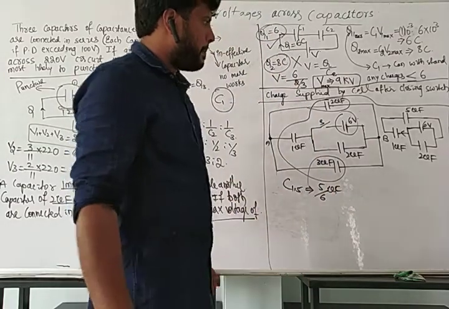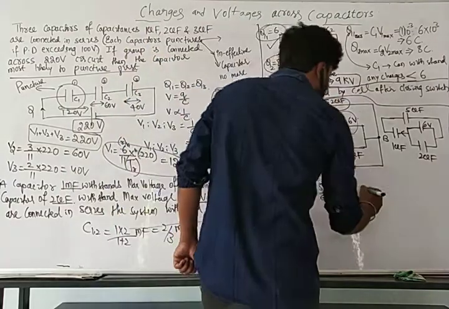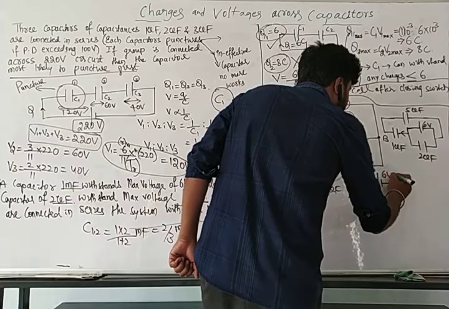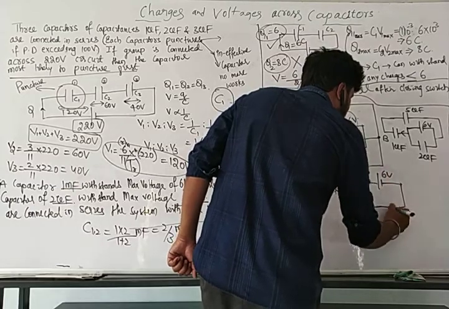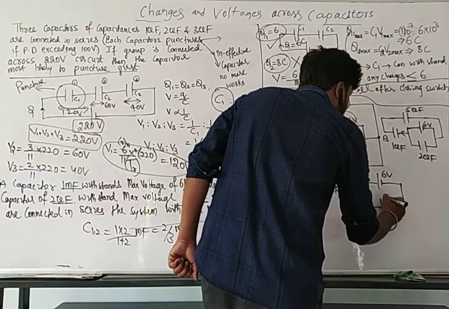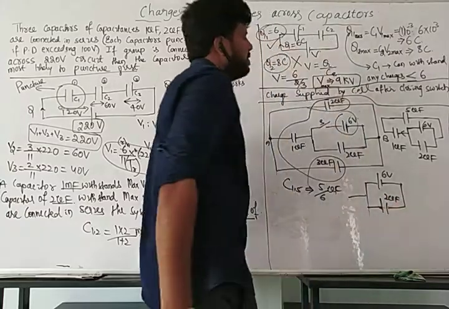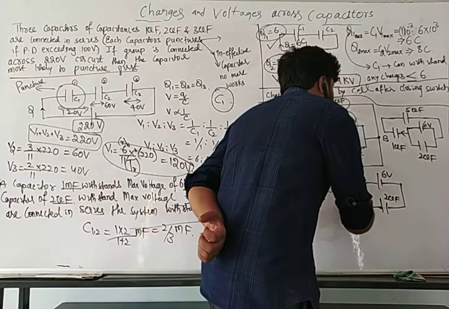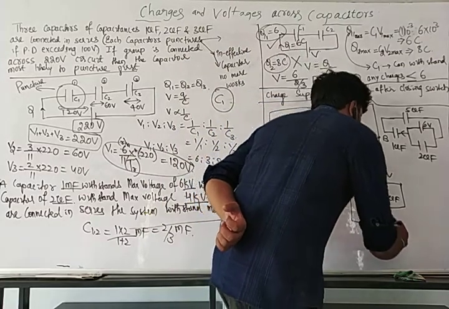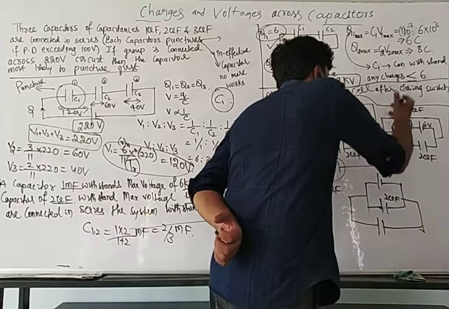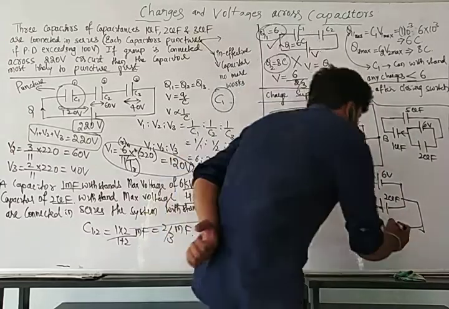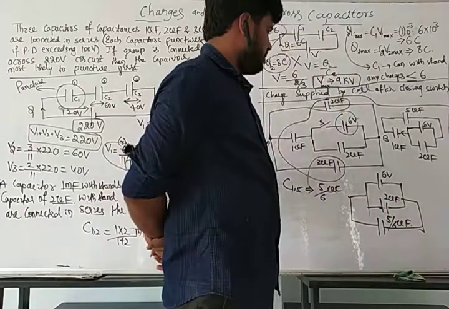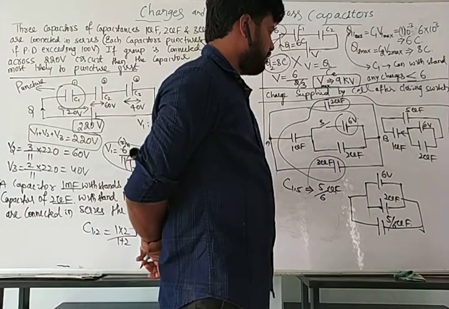Now replace this circuit again. This is 6 volt and this is 2 microfarad. I can write this like this. You can write it up or down, it doesn't matter. 5 by 6 microfarad. You need to find the total charge.